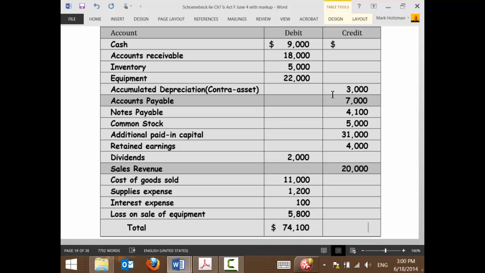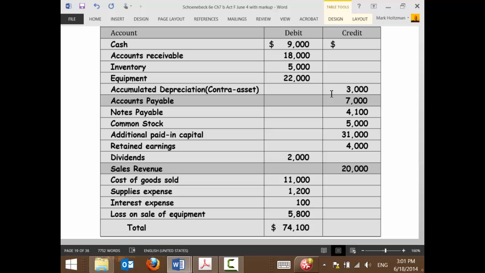And now we're going to do our math. I'm going to do it on my little calculator here. The debits, I'm going to add them up and make sure they add. Actually, I can do this pretty cool. I can avoid the thousands. I could just go 9 plus 18 plus 5 plus 22 plus 2 plus 11 plus 1.2 plus 0.1 plus 5.8 equals 74.1.